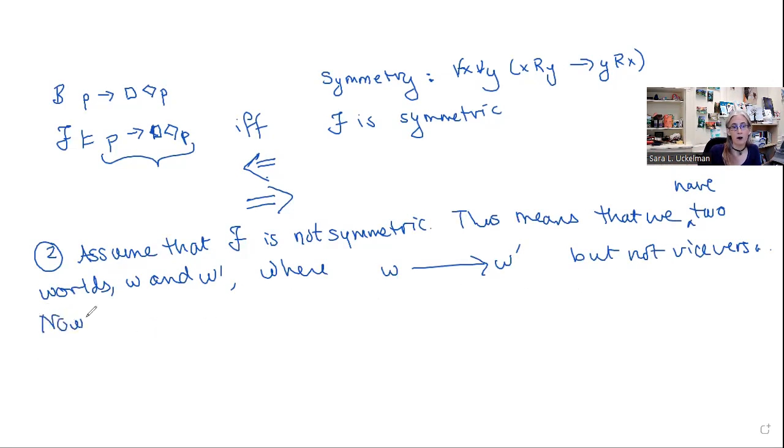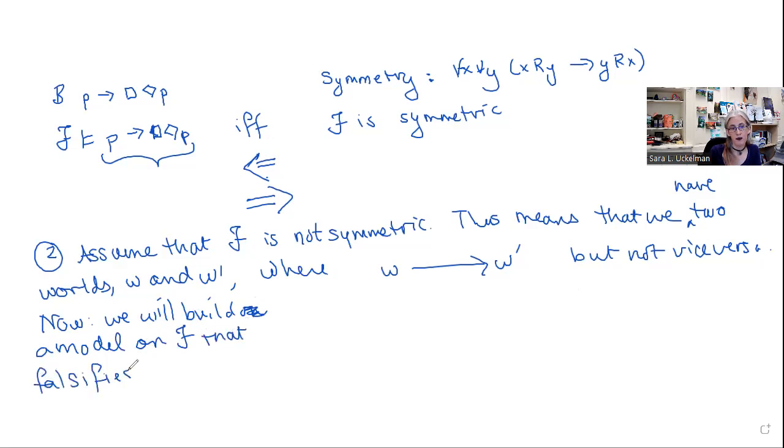Now, we will build a model on F that falsifies our axiom. So what we are doing is we are going to show that if it's not symmetric, then it doesn't validate the axiom, which by contraposition means that if it does validate the axiom, it has to be symmetric.